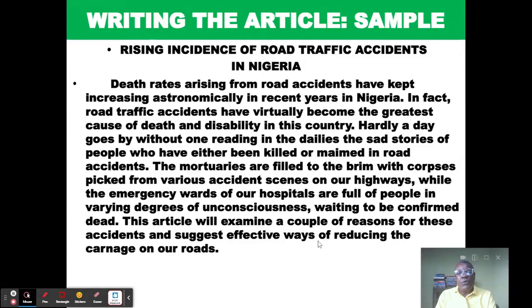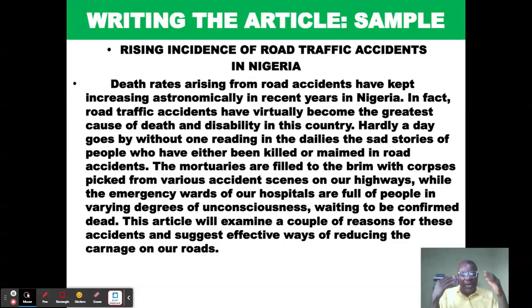Now, this is how we can come with the hook and the background information as well as the thesis. Now, let's look at it. Death rates arising from road accidents have kept increasing astronomically in recent years in Nigeria. This is the hook.